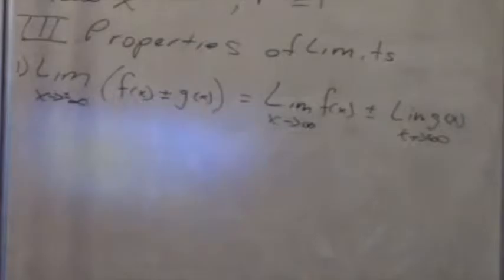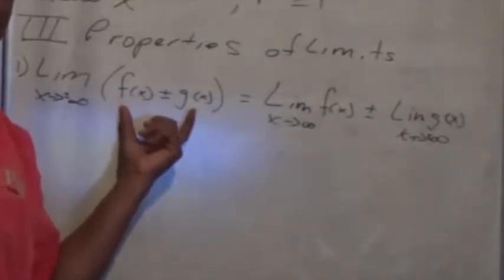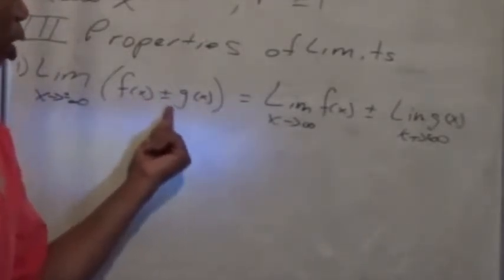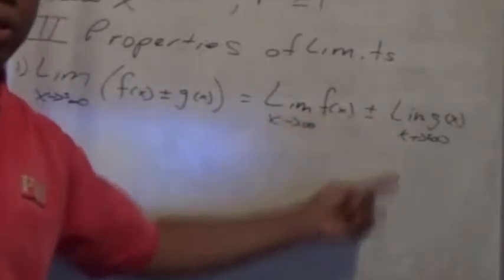Nice property that says if your argument can be broken into sums, each one of those sums can have its own limit.